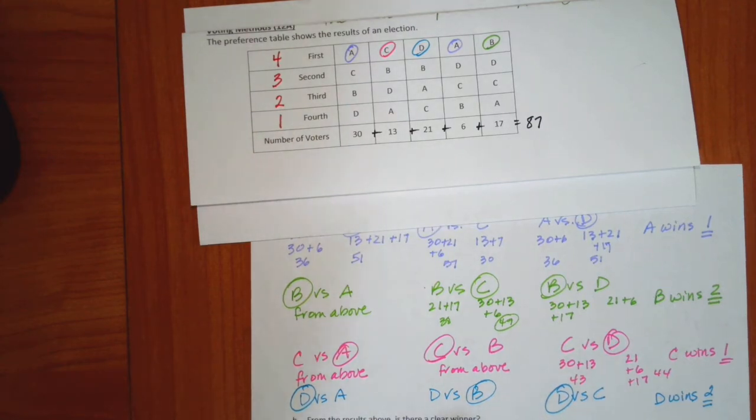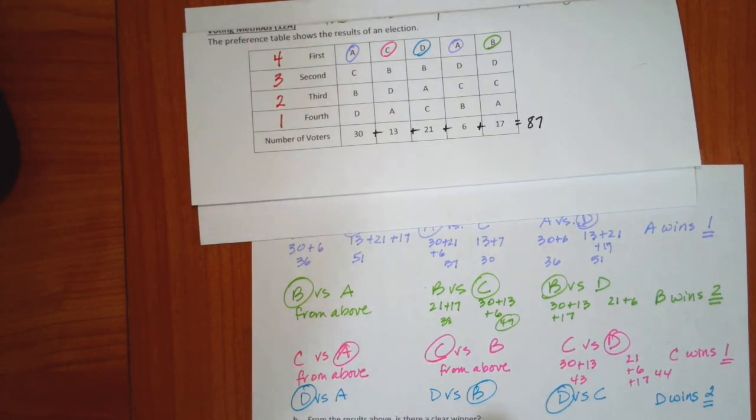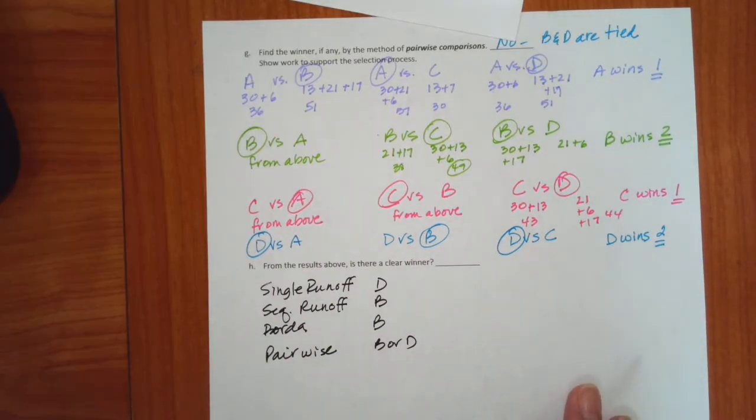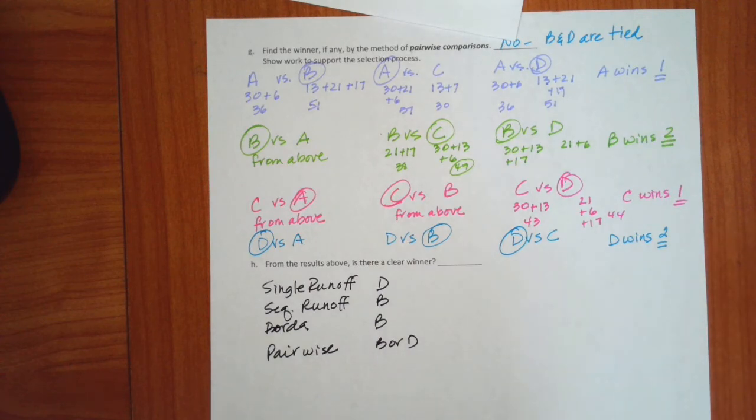And for the pairwise, B or D. And I'm sorry, you couldn't see that. Is there a clear winner? I would say B pretty much got it. I think if your candidate was D, you would want to argue that there was not a clear winner. If you were supporting B, I think you would say that B was the clear winner. But either way, that's kind of a judgment call.